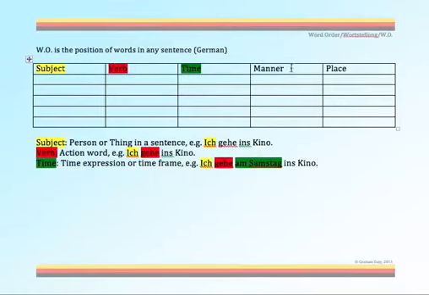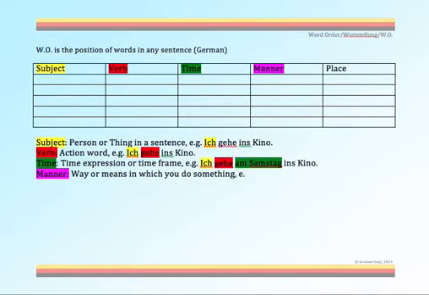Now we're going to move on to the manner. We're going to bold that, and we're going to put it in purple, and we're going to put it down here. So what is the manner? It is the way or means in which you do something.